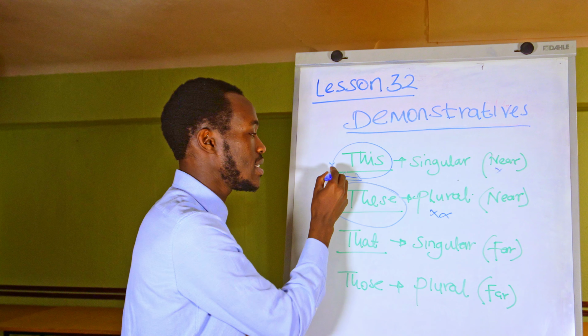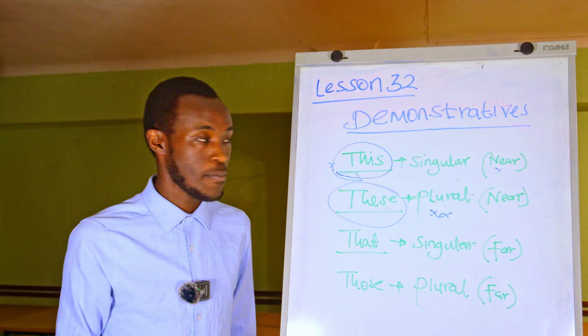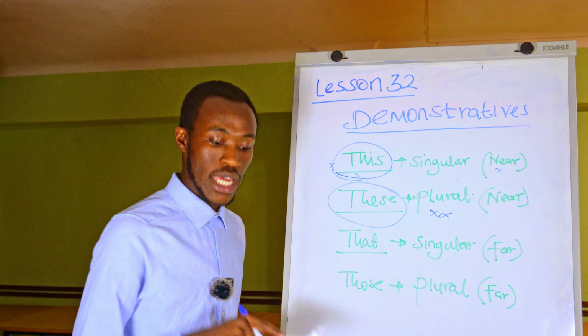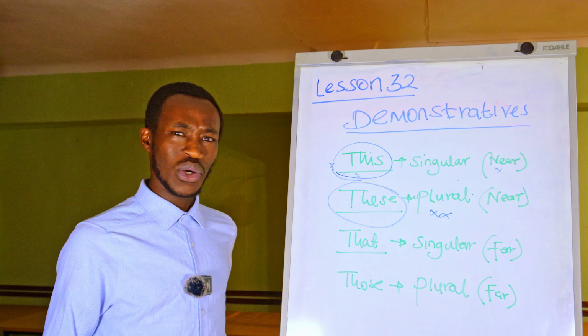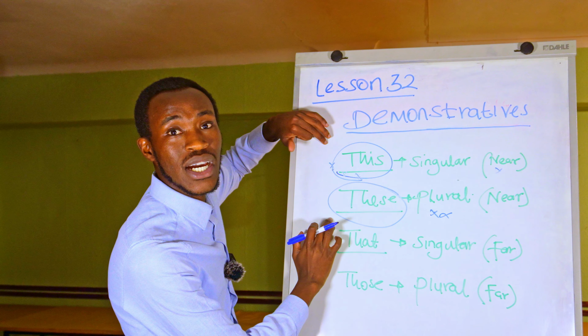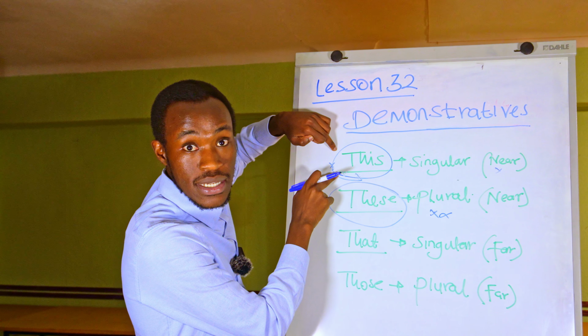When I used this, it was in singular. This table, these tables, this dog, these dogs. It is demonstrative, but we have the difference. You can't say these apple.